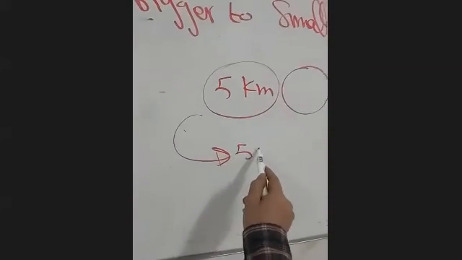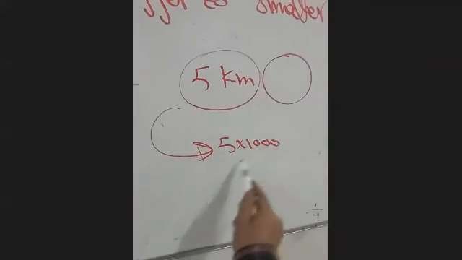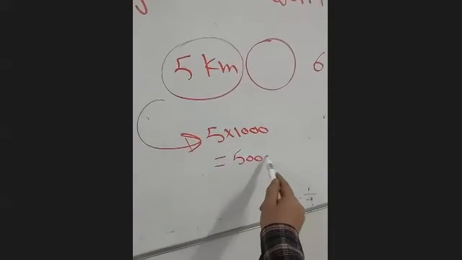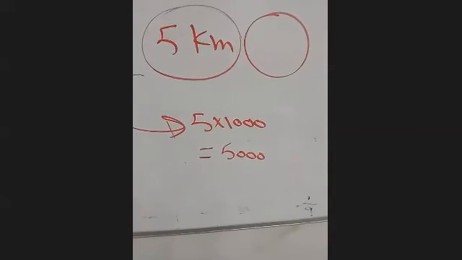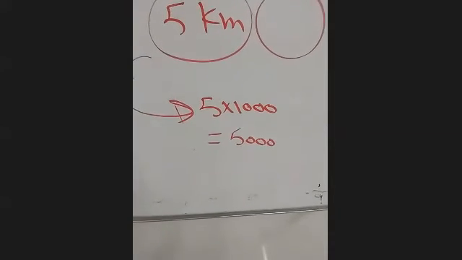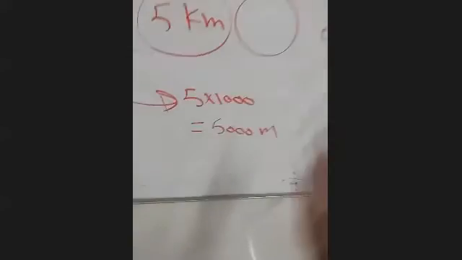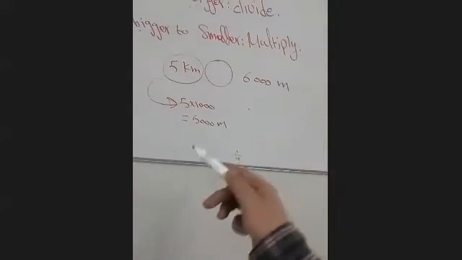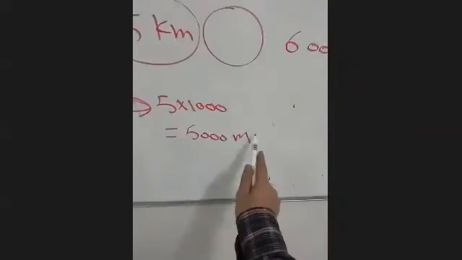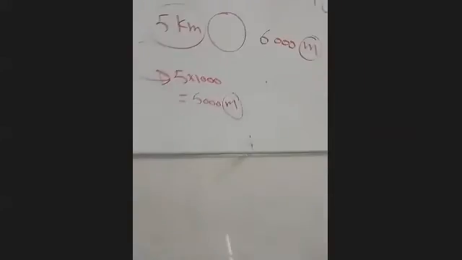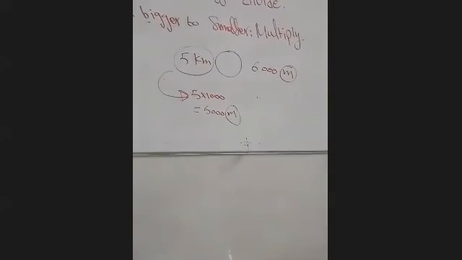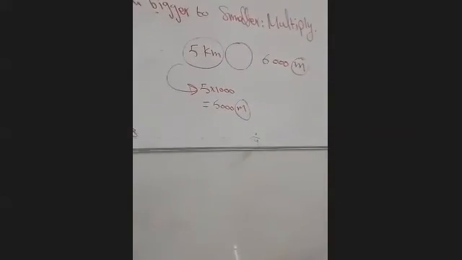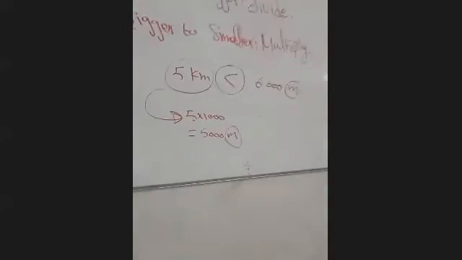So we multiply with 1,000. 5 multiplied by 1,000 equals 5,000 meters. Can we compare now? Both have the same unit, right? So we compare 5,000 and 6,000. Which is bigger? 6,000. So this is the bigger one.